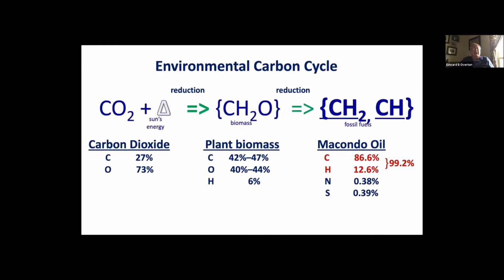As this slide shows, we go from biomass into fossil fuels. Fossil fuels meaning oil, natural gas, coal, peat, all kinds of things like that. Specifically, we're going to be talking about oil and oil spills. This slide shows you the relative composition of carbon, oxygen, and hydrogen in these various forms. Notice as we go from carbon dioxide over to the oil, we go from carbon containing mostly oxygen to carbon containing no oxygen.